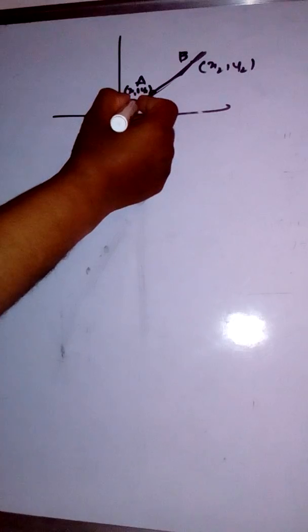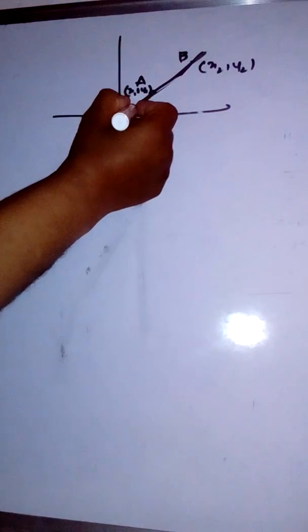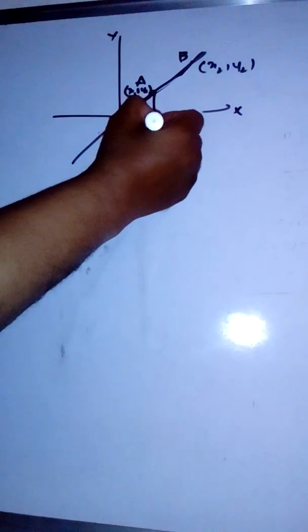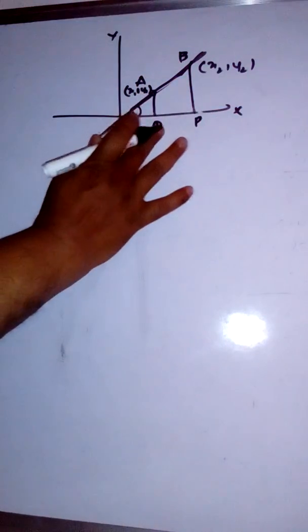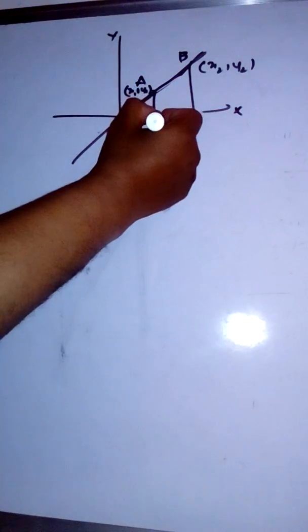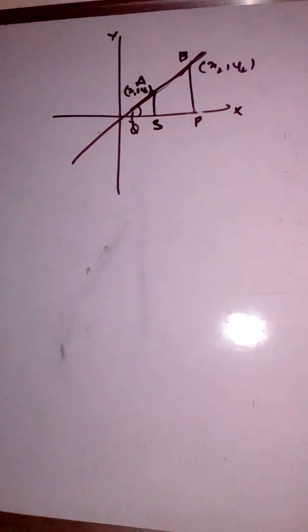Now this line is making angle theta with the x-axis. So I have dropped a perpendicular from A, that is S, and a perpendicular from B, that is P.